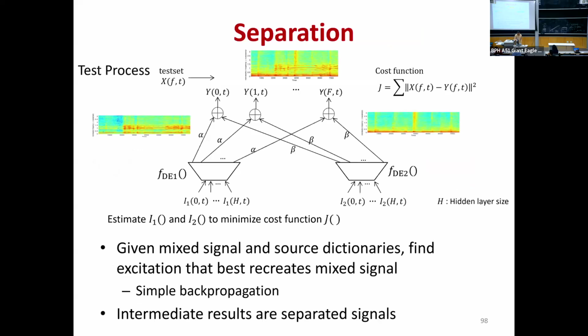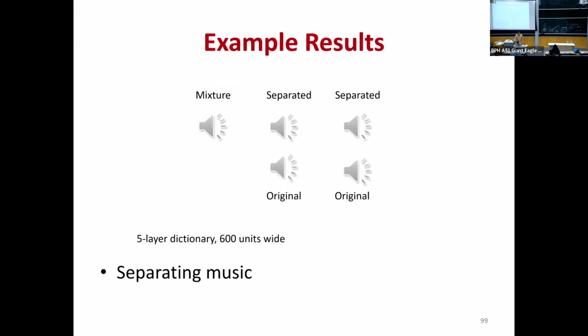I use backpropagation to find these inputs such that the outputs of the two decoders, when summed, give the mixed signal. Then the output of the guitar decoder alone is just the guitar, and the output of the drum decoder alone is just the drum, because they can only compose the guitar and the drum respectively. So let's see how this works.